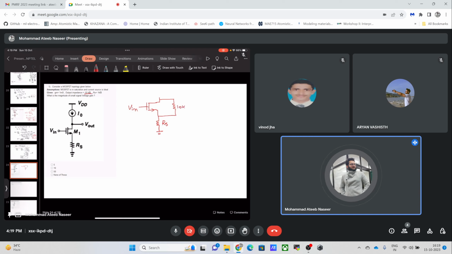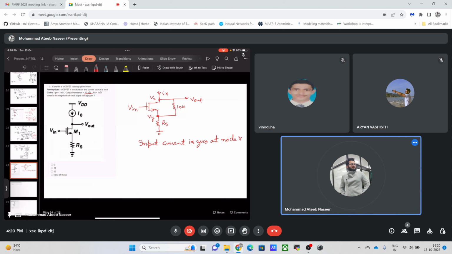This is our V out, and this is our current Ix, which is coming into this terminal at Vx, and this is another terminal Vy. The input current is 0 at node X.